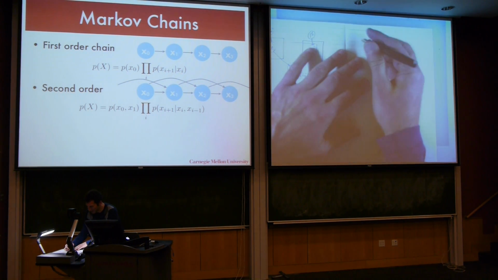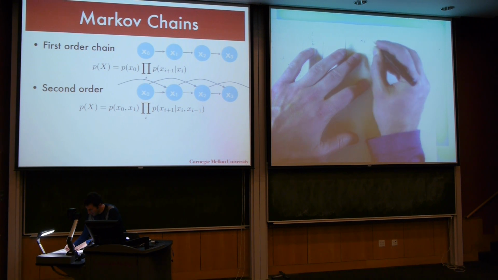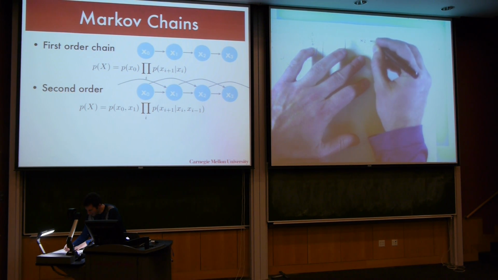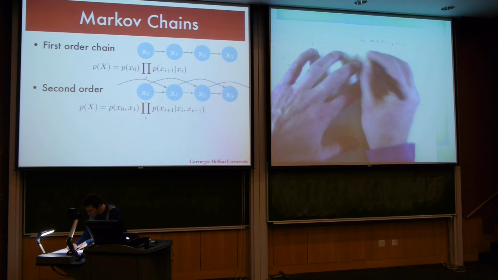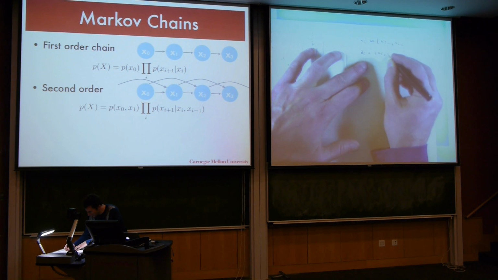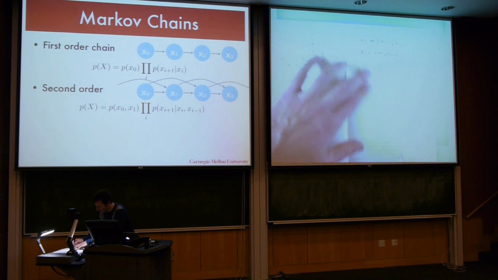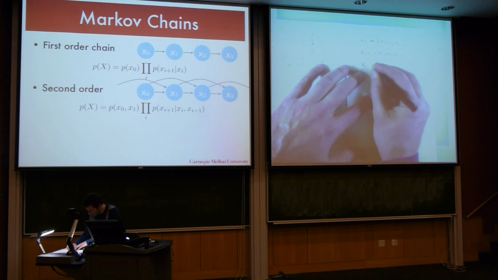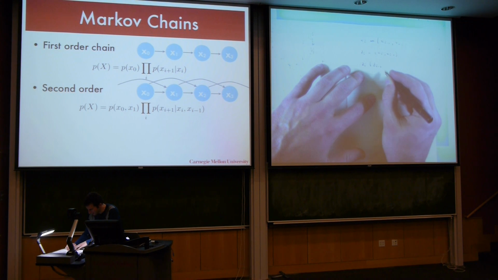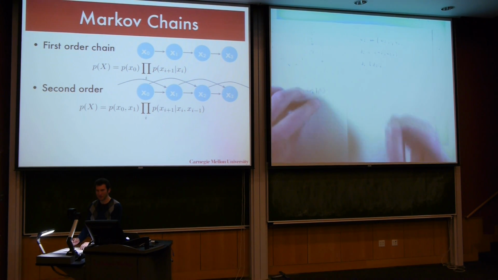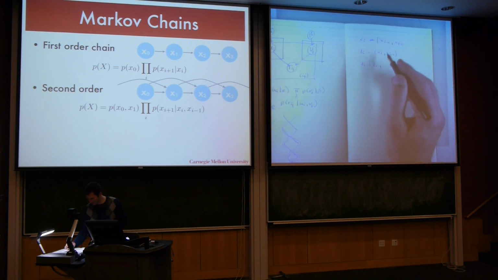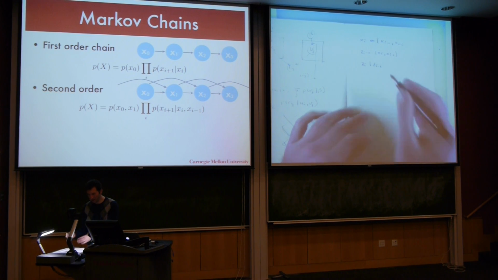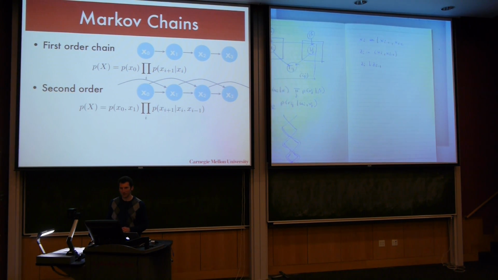Rather than having xi depending on, let's say, xi minus 1 and xi minus 2, I define a new variable zi to be xi minus 1, and then I simply have zi depending on zi minus 1. One of the dependencies is trivial because one of the variables just gets mapped to the other one before. Namely, this guy just gets shifted, and the other one I use for conditioning. So this makes life easy.